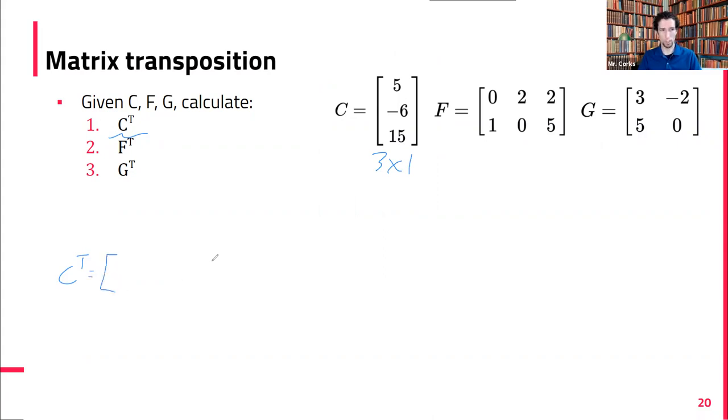Okay, so it's a 1 by 3 matrix. And tell me what this matrix will be. 5, -6, 15. Okay, so we did not rotate. It might look like a rotation, but let's do the next example and we'll see how it's different.